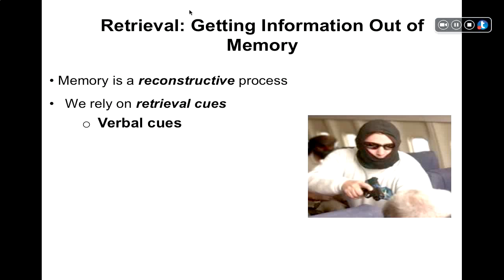So one of the types of retrieval cues that people often use are verbal cues. So I'm going to remind you of a novel stimulus that we encountered in the first lecture. It was a new word, I presume, for most people, and we spent some time talking about it. And we talked about it in the context of, well, actually I won't tell you the context because that will probably help you.